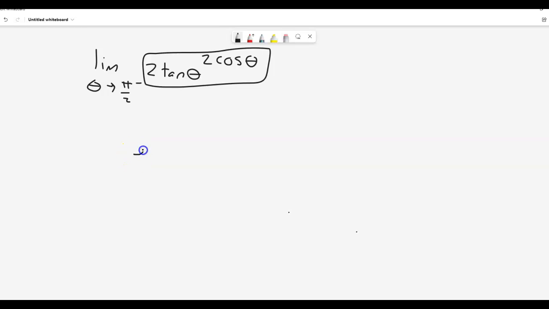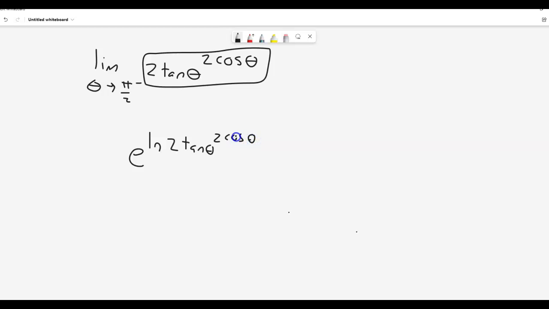We're going to start with e to the natural log. Remember, e to the natural log are inverse functions of each other, so they'll cancel out. So this right here will become the exponent there: 2 tangent of theta raised to the 2 cosine of theta.